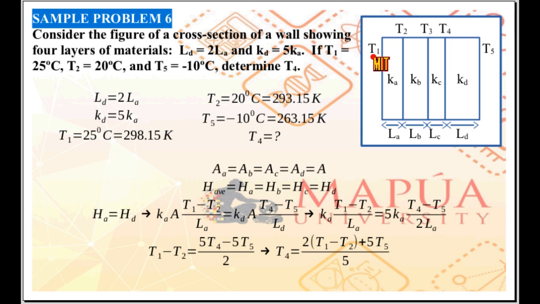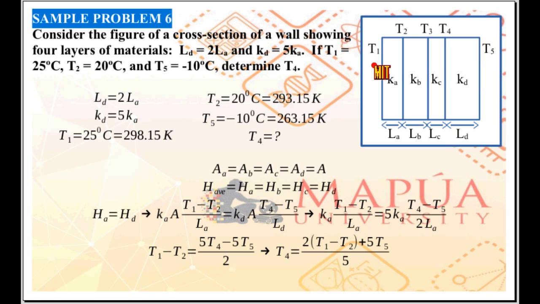This is a wall. On this side, you have temperature T1, 25 degrees Celsius. On the other side of the wall, temperature T5, negative 10 degrees Celsius. So, T1 is greater than T5. So, T1 is TH and T5 is TC.